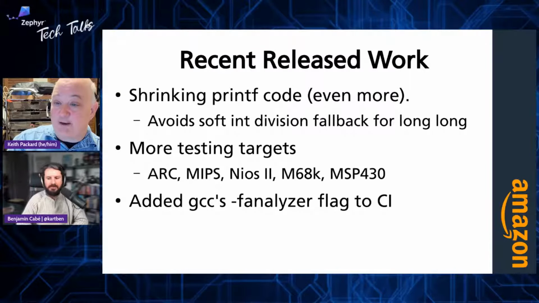The MSP430 was interesting because the compiler there actually has several different floating point modes. You can have 32-bit float, double and long double. You can have 32-bit float and double and 64-bit long double, or you can have 32-bit float and 64-bit double and 64-bit long double.